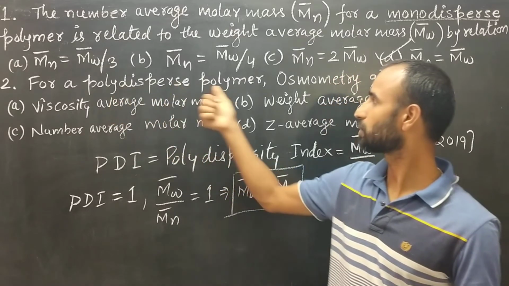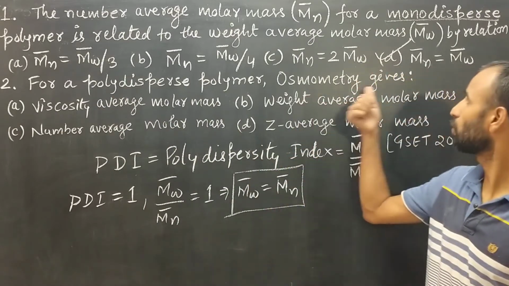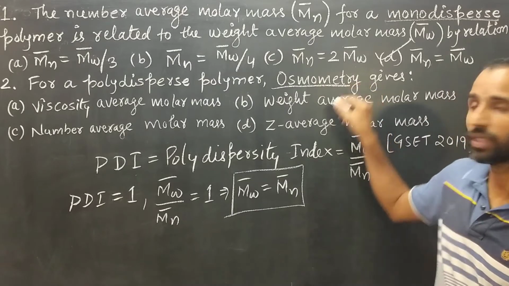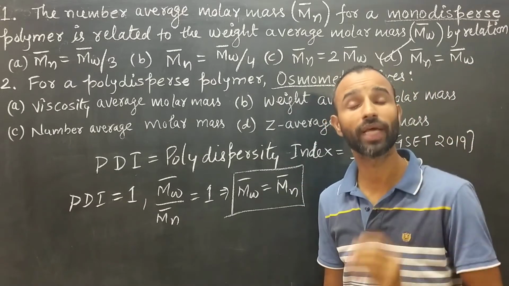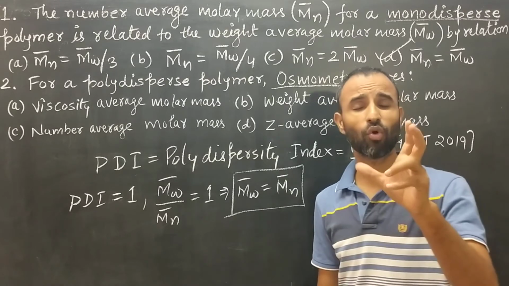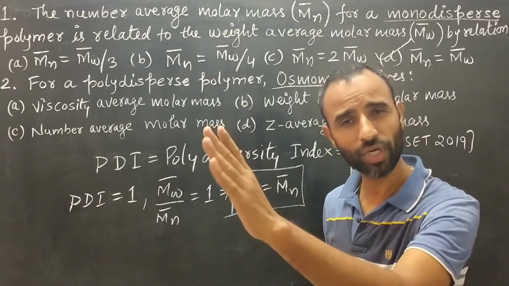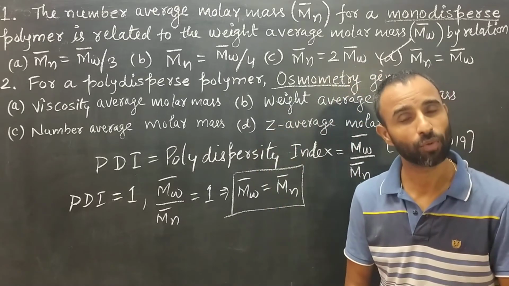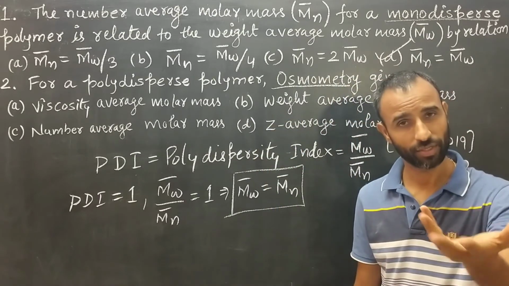Is for a polydisperse polymer, osmometry gives, osmometry, it is vapor phase osmometry as well as membrane osmometry. So osmometry is related to osmotic pressure, meaning this is related to colligative properties, even cryoscopy, right?